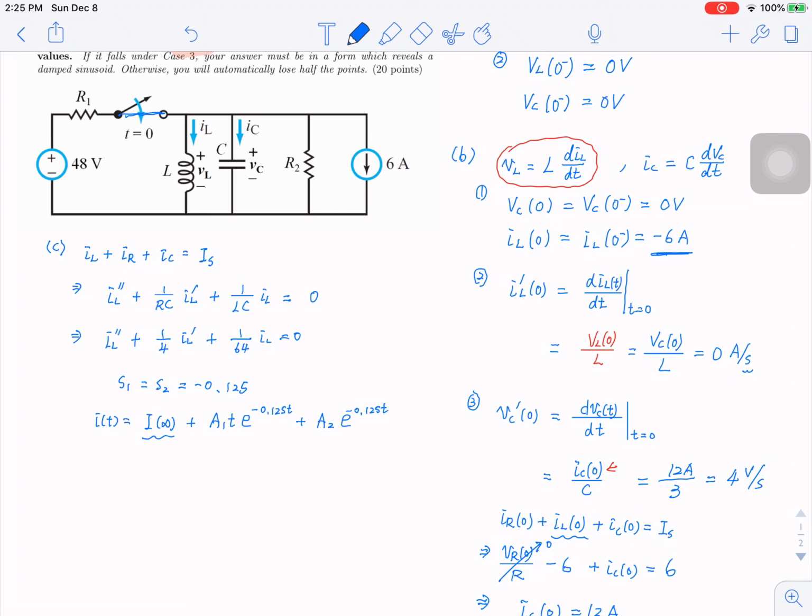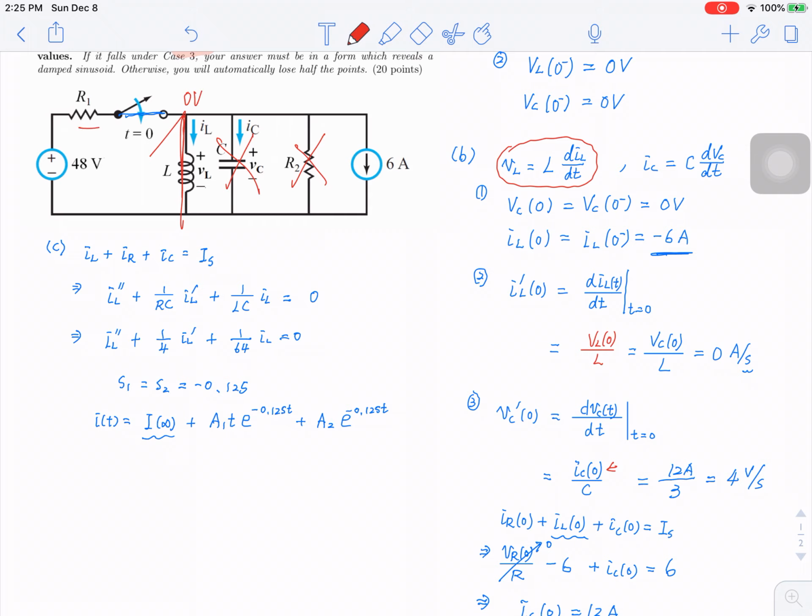When time goes to infinity, we know that this is short circuit, this is open circuit, and the current won't flow into this. So you can view this as 0 volts.